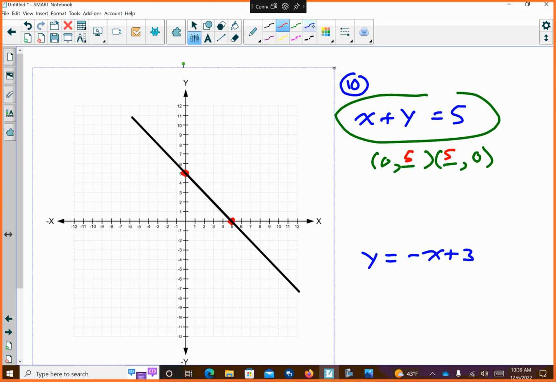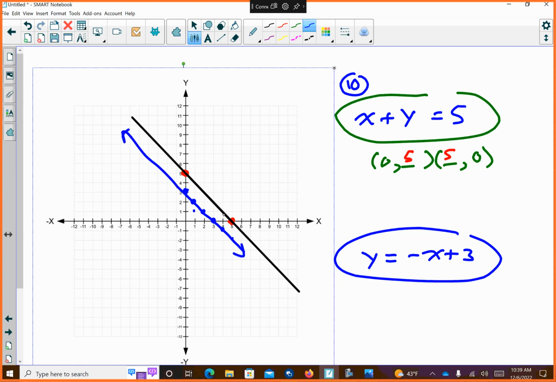And then the second equation is set up to what? What do I know? It's up 3, y-intercept. Down 1, right 1. Now I'm going to keep following. Down 1, right 1. Hey, what does this look like? Yeah, they look parallel. Hey, parallel lines have what for a solution?